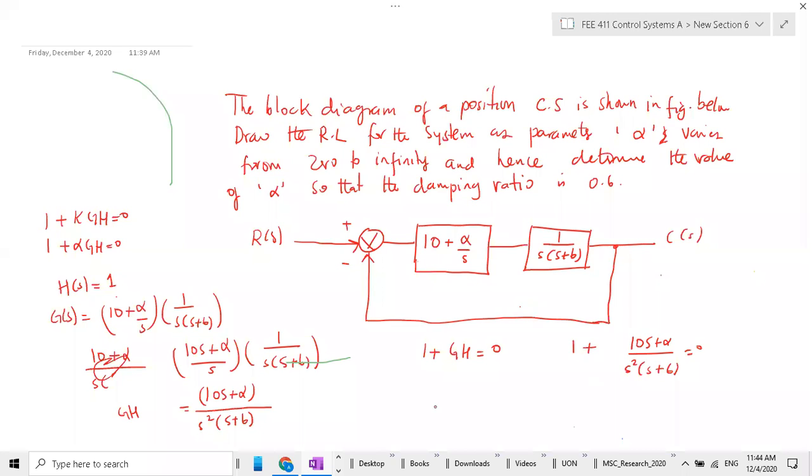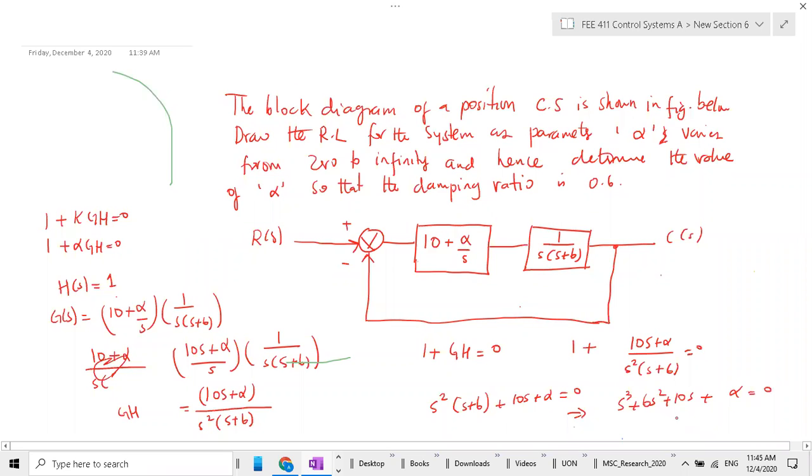You simplify this, and you'll end up with S cubed plus 6S squared plus 10S plus alpha equals 0. So you divide by, these are just tricks.